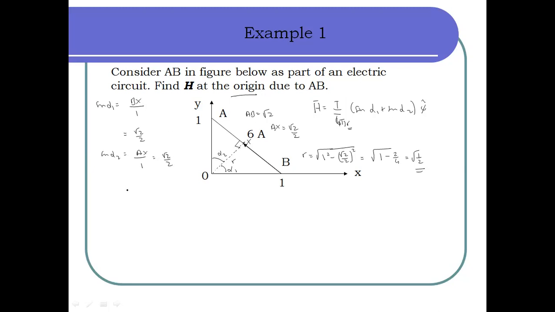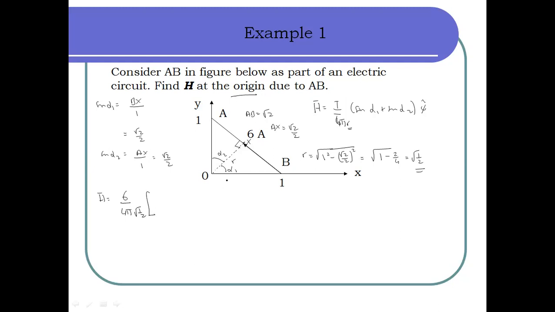From these three pieces of information, we can then get that the H field due to this AB filament current, or line current having 6 ampere magnitude, should be calculated as 6 divided by 4 pi R. R is square root of half.